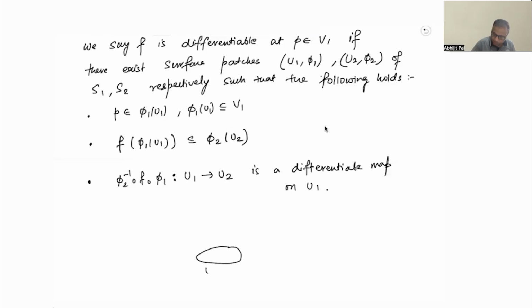This is my u1, and phi 1 takes u1 to this open set, phi 1 of u1, in the surface. Suppose this is my surface S1, and this is my, say, B1. The function f is defined on this B1.